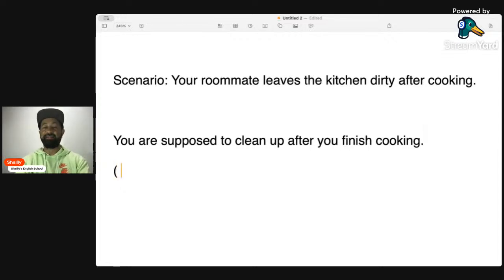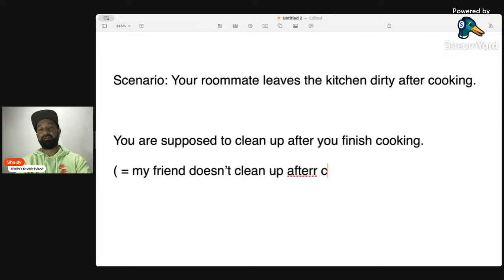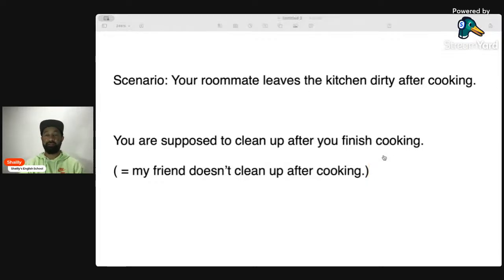This means my friend doesn't clean up after cooking. Okay, so that means my friend doesn't clean up after cooking.